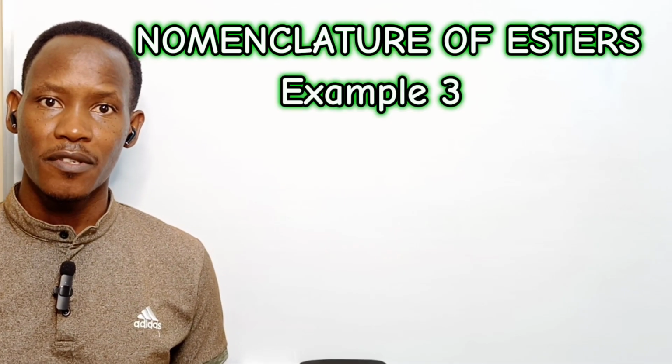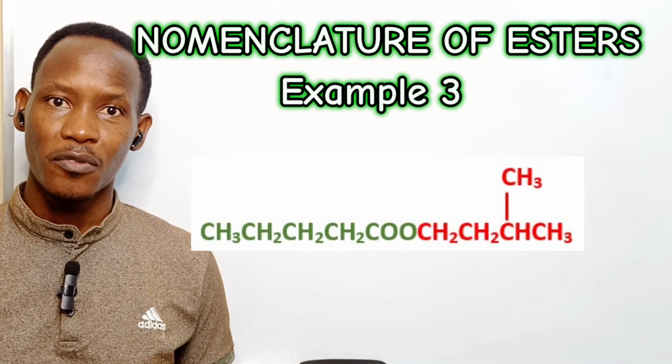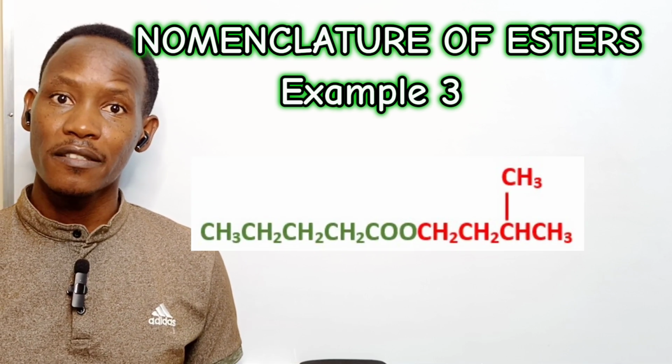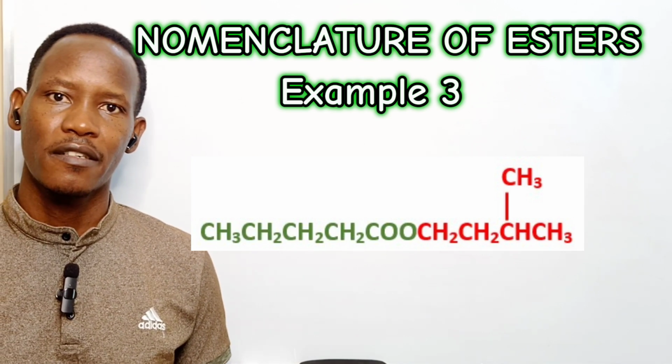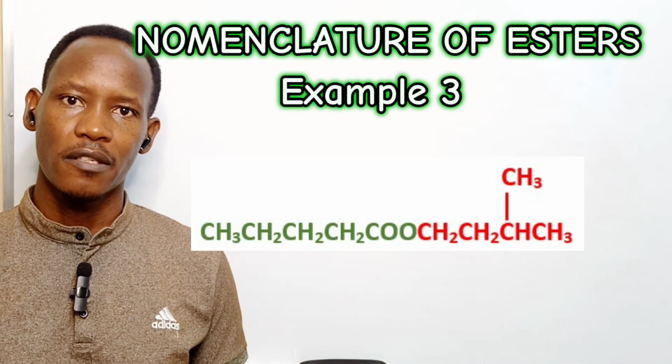Our third and final example displayed there also has two parts. The part in red is the alkyl part, and the part in green is the alkanoate part.